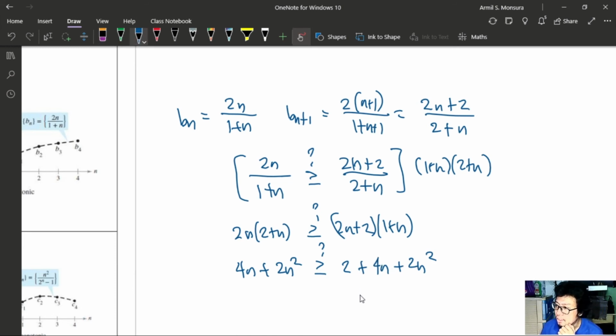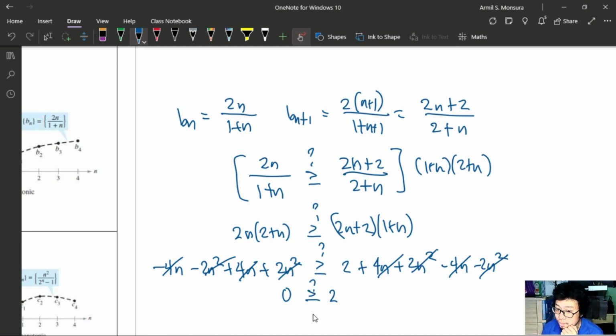If I subtract 4n plus 2n squared on both sides, this becomes 0 on the left and 2 on the right. So this is 0 greater than or equal to 2, which is not true. Rather, 0 less than or equal to 2 is the true statement.